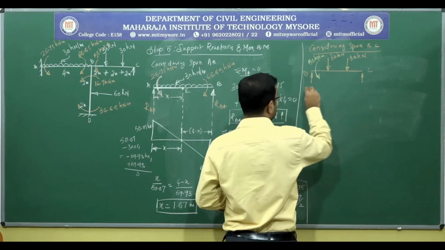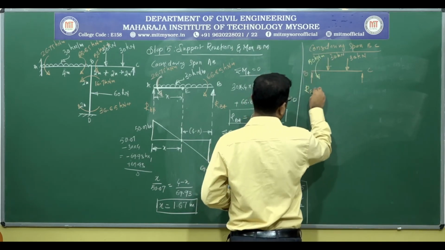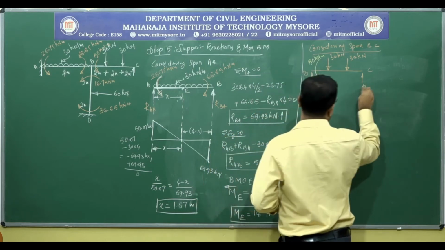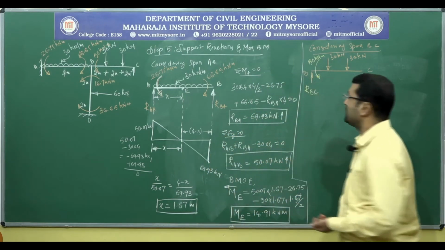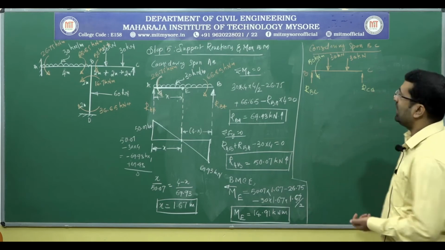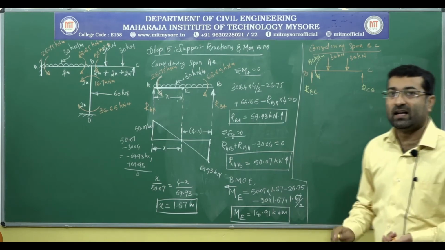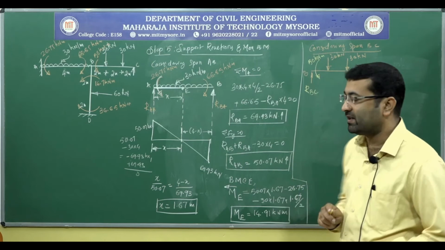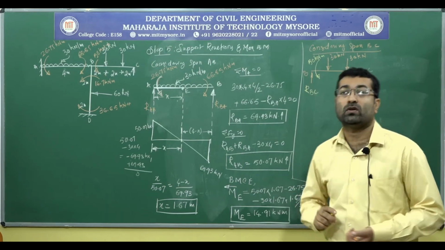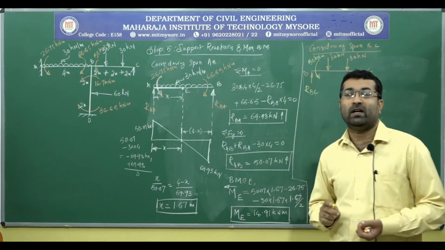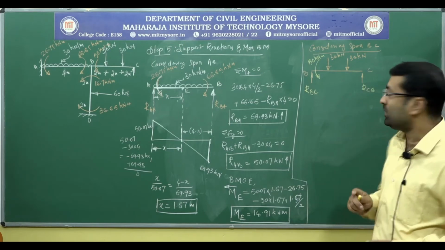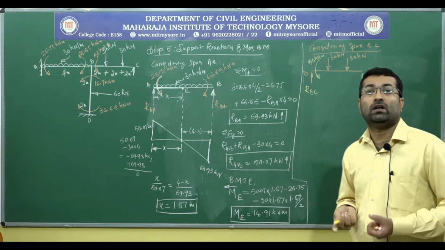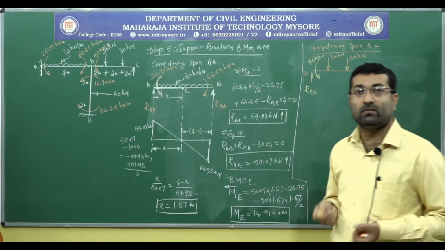So because of these loading, there will be a development of reactions RBC and RCB, which we need to determine. And also on this span, as two concentrated loads are acting, so under these two concentrated loads, the bending moment may be maximum. We don't know under which concentrated load the bending moment is maximum.